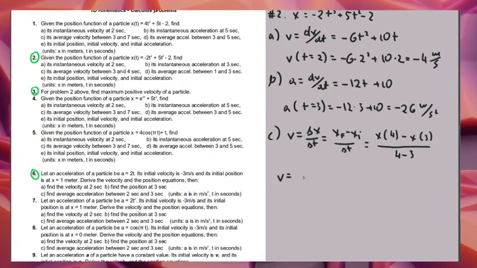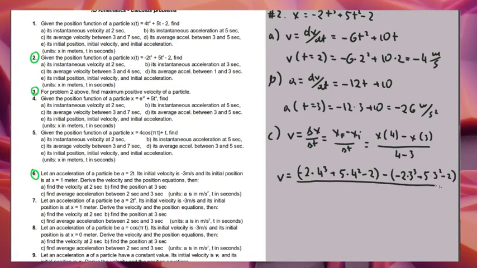The position equation is minus 2 times t, at 4. So this is minus 2 times 4 cubed plus 5 times 4 squared minus 2. That's the position at 4 seconds, minus the position at 3 seconds, so minus 2 times 3 cubed plus 5 times 3 squared minus 2.